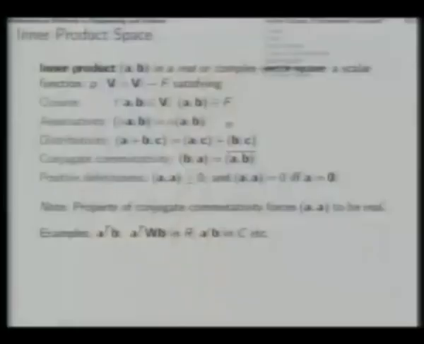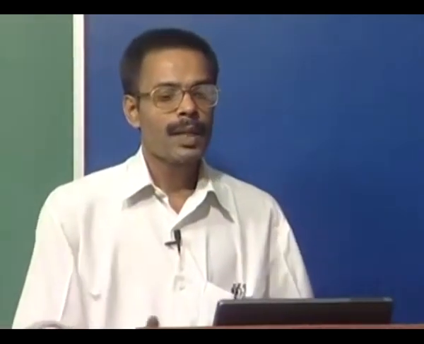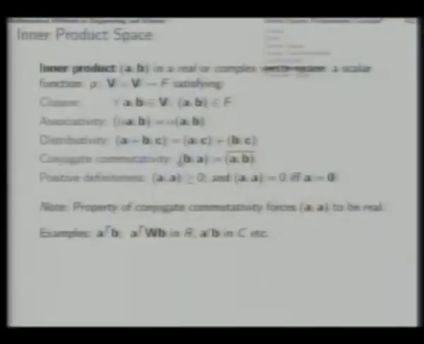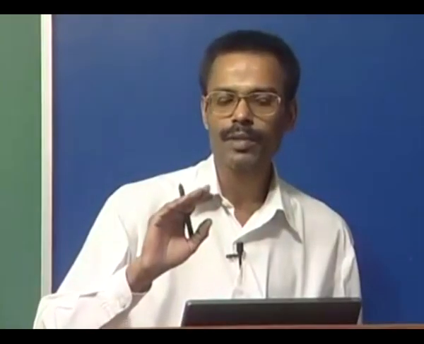It has the distributivity and it has conjugate commutativity. This operation is not just commutative, it is conjugate commutative. That is, for real field it will be commutative. The inner product of B and A will be the same as the inner product of A and B.